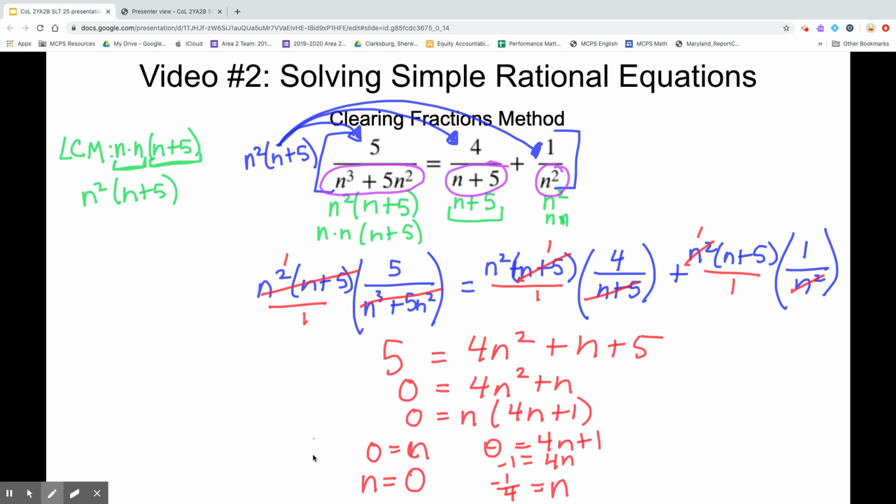That makes that undefined. So this solution does not work. It's called an extraneous solution, okay? It really isn't a solution at all. Negative 1/4, if I plug that in, it will give me back what I need.